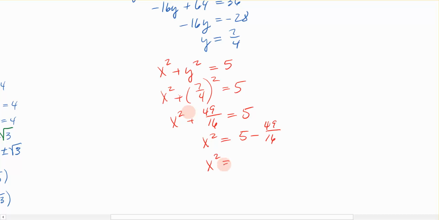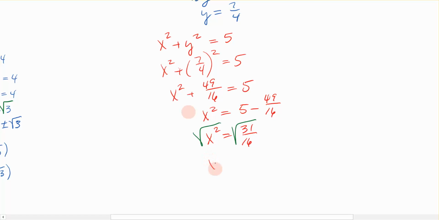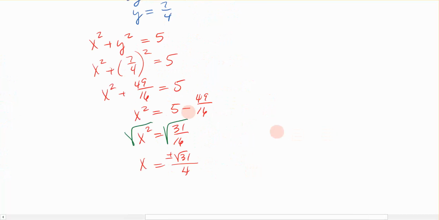So x squared is equal to 31/16, and when I take the square root of both sides, I get x is equal to plus or minus the square root of 31 on the top, and the square root of 16 is just 4. So what do I know?